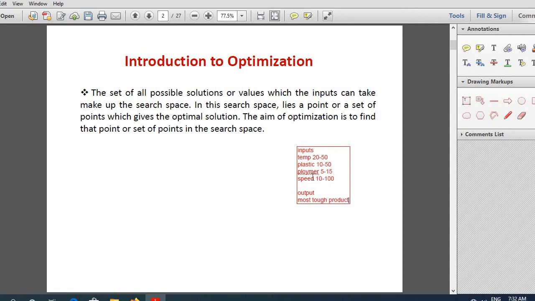All the combinations will not be optimal for producing the toughest product. The set of all possible combinations is called the search space, and in that search space there will be one combination or one set of points which will give you the best product. So the aim of optimization is to search and find that point or set of points which will yield the best solution. I hope what optimization is, is almost clear to you now.